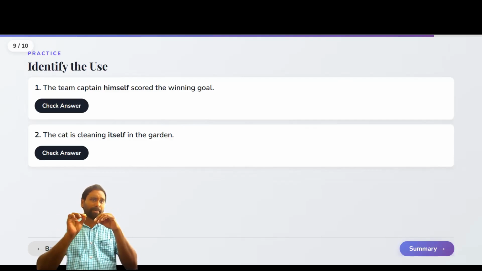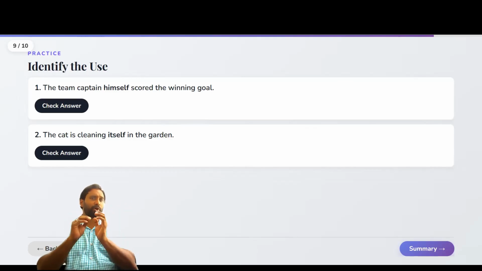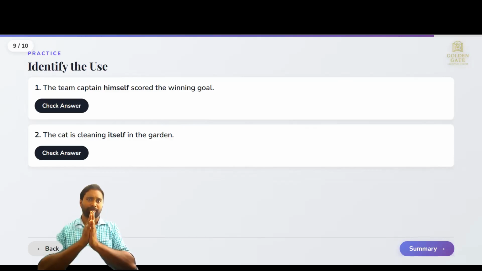The team captain himself scored the winning goal. Now think about it. Which use is this? Apply the test which I taught you earlier. Try removing the reflexive pronoun himself. What do you get after the removal?